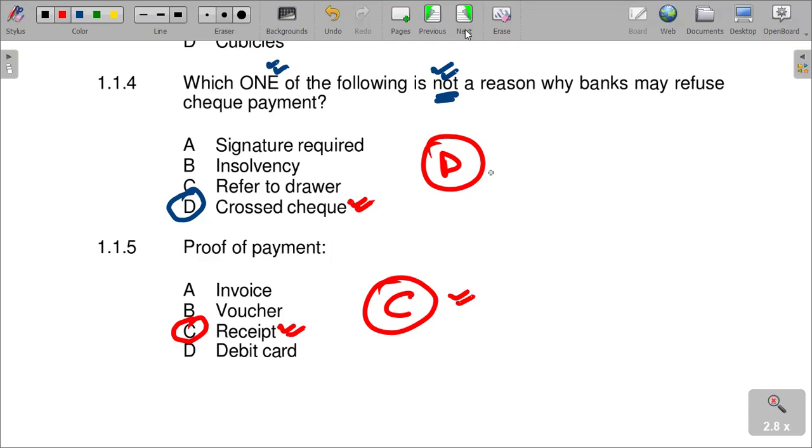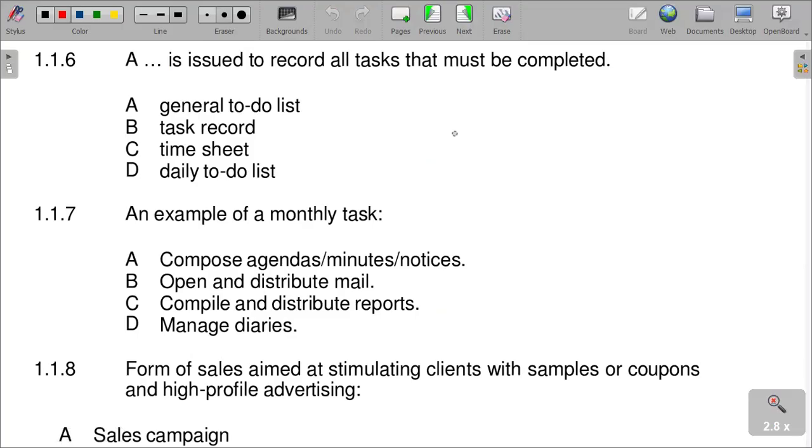Let's go to the next question. A dash is issued to record all tasks that must be completed. What is it that must be issued? A to-do list, task record, timesheet, daily to-do list.